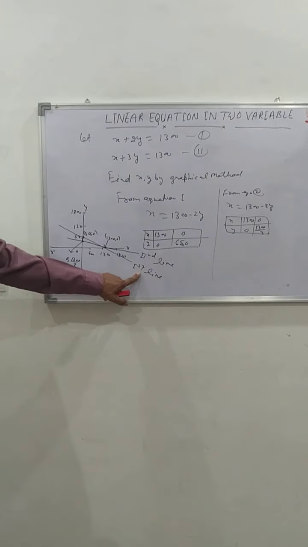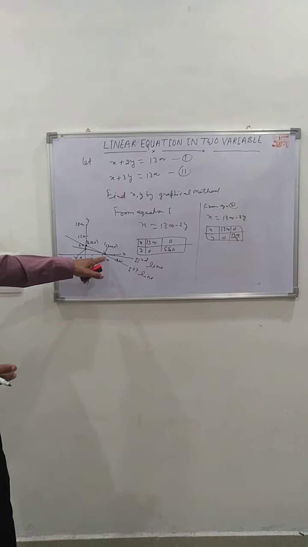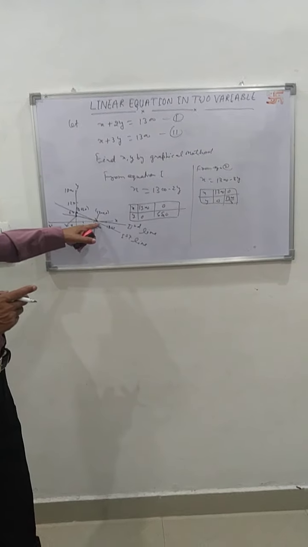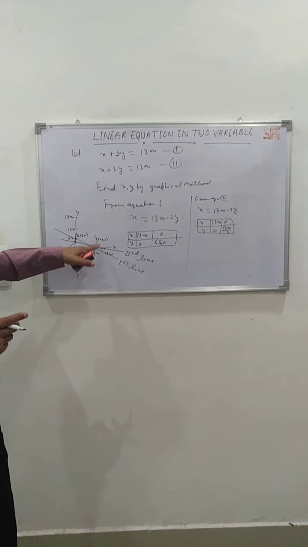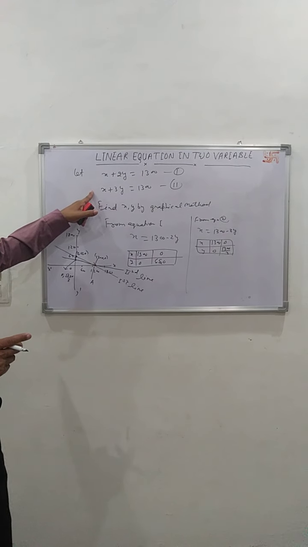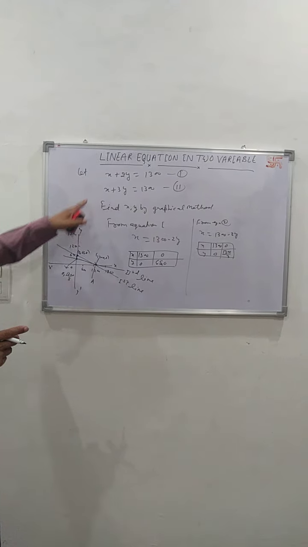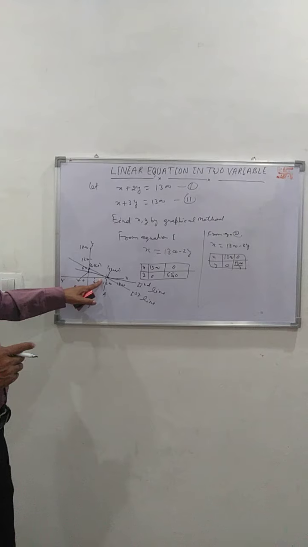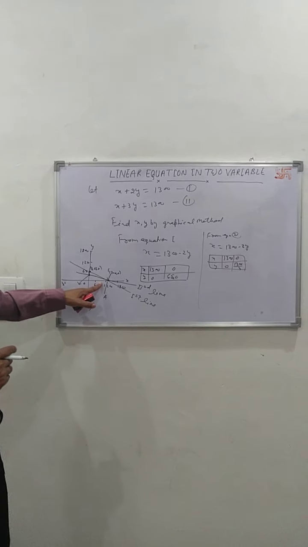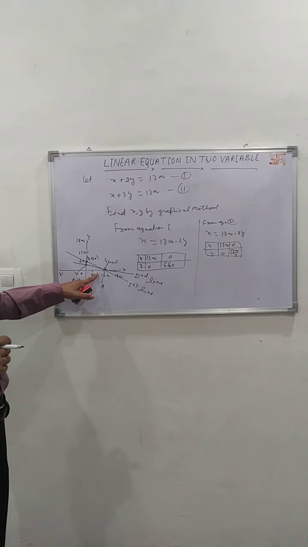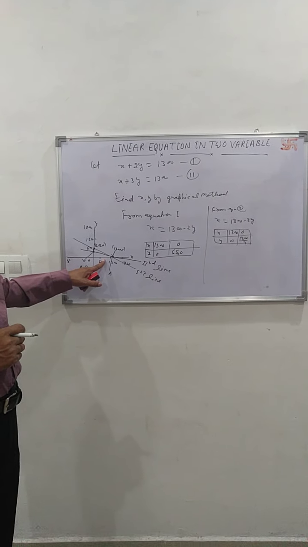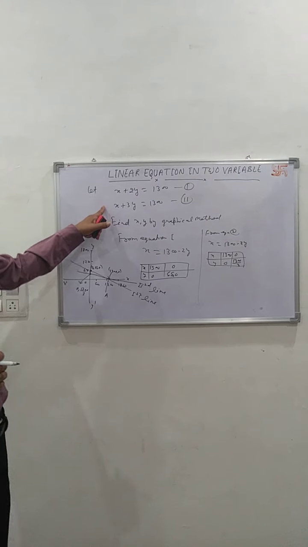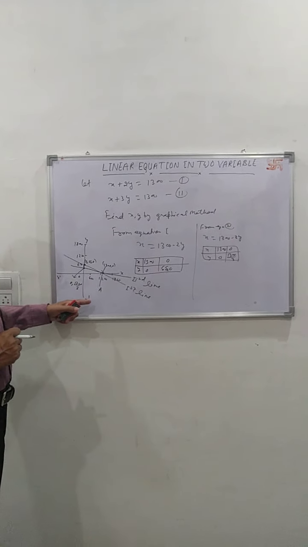These two lines or equations intersect each other at point A, suppose. So this intersection point is the solution of the above two equations. This solution is also known as a consistent solution. A consistent solution means it gives a unique value for the given linear pair. So in this way we can solve it.